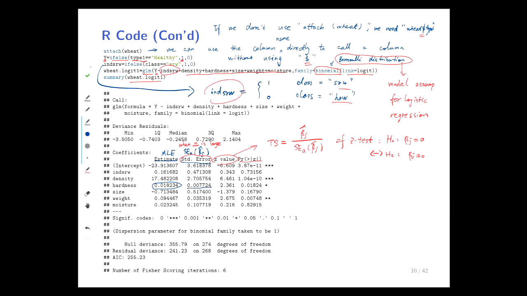And also, this z value is just equal to 0.018234 divided by 0.007724. So that's our test statistic. And also we can have the corresponding p-value. We can find that the p-value is smaller than 0.05, so we can conclude that this coefficient is significantly different from 0. So that's how we can have a look at this table.